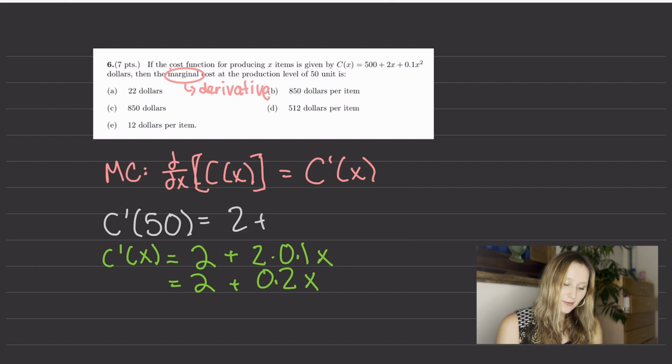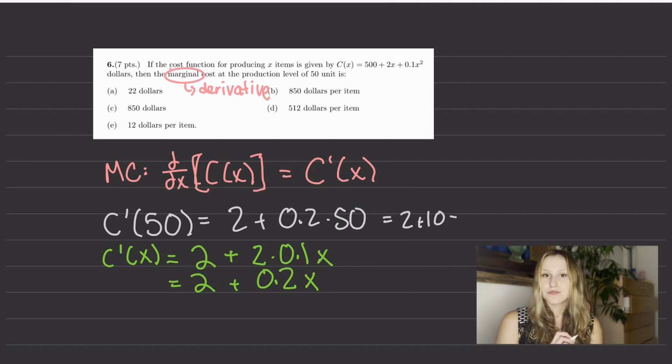We get 2 plus 0.2 times 50 is 10. We get 12. Period. That's beautiful, right? On to the next.